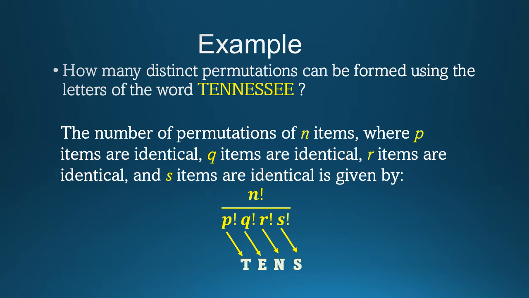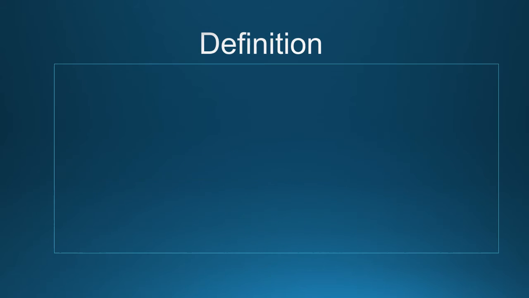And S how many times S is repeated. Plugging numbers in instead of the variables. Keep in mind in the bottom we have 1 factorial times 4 factorial times 2 factorial times 2 factorial. We're dividing 9 factorial by the product in the bottom. We're going to get 3,780.